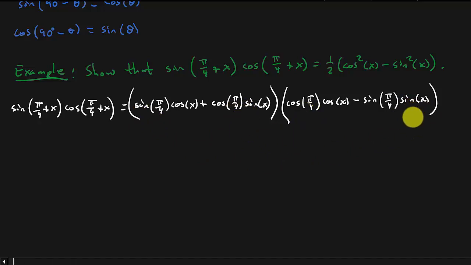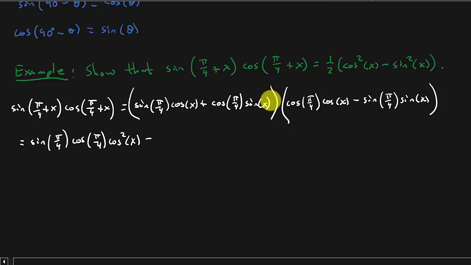And so that is going to give us sine pi over 4 cosine pi over 4 times cosine squared x. So I did the sine pi over 4, cosine pi over 4, and then cosine x times cosine x is cosine squared. And then I need to multiply the outside.